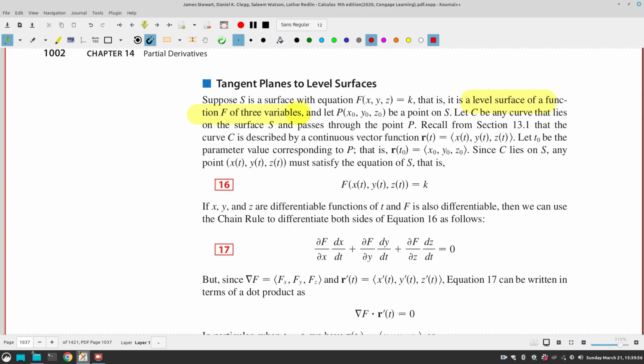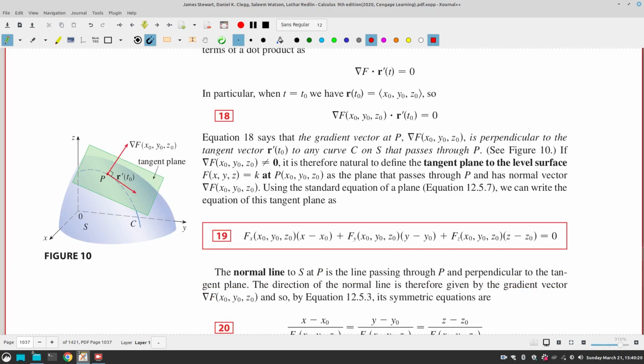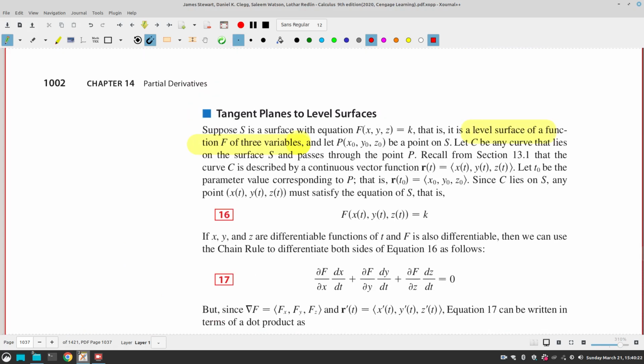So now let r of t naught equal x naught, y naught, z naught, meaning t naught is the value at which r is at the point P. Okay, and C is a curve that lies on S, of course. The entirety of C is on S, right? Notice that this curve is on S. So for C, this has to be true: F of x of t, y of t, z of t equals k.